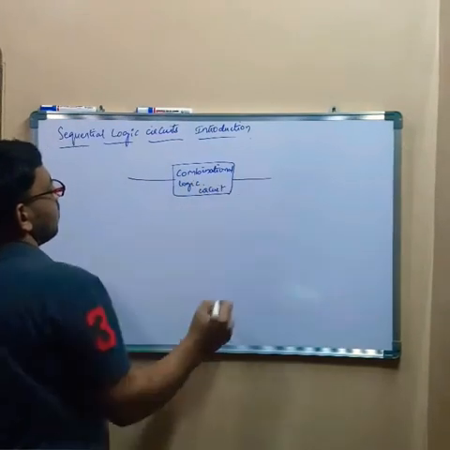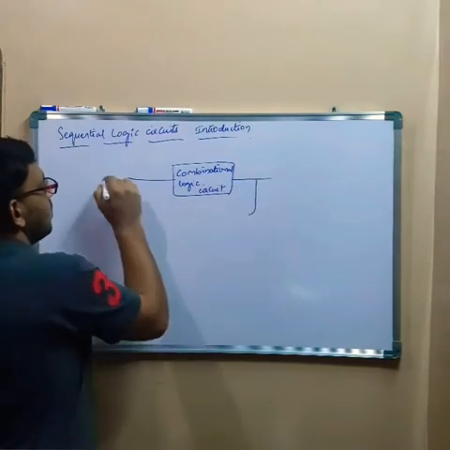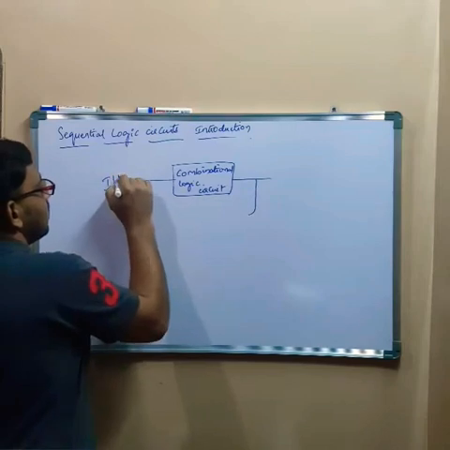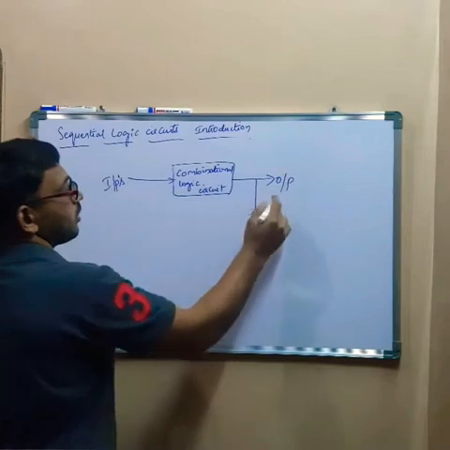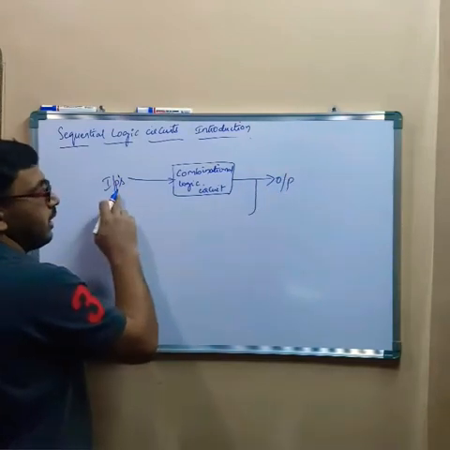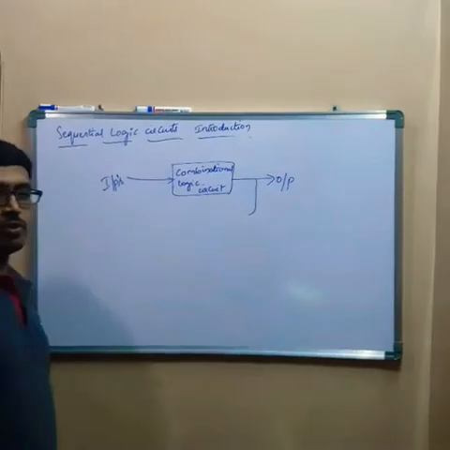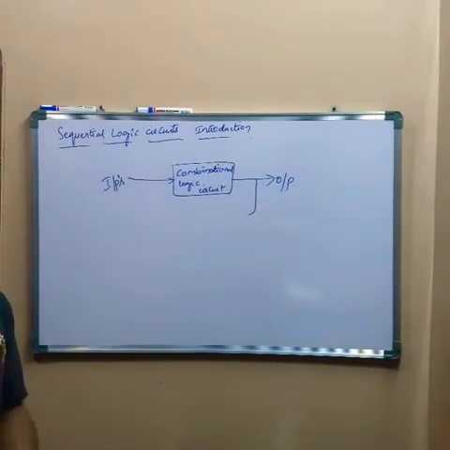Right, this is the block diagram of a sequential logic circuit. This is the input you are applying, and this is the output. This output depends on the applied inputs as well as the past output. So we don't know what the past output is.